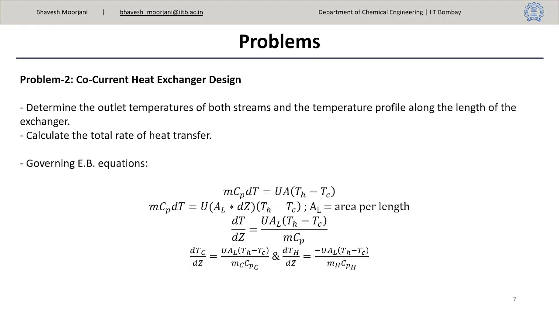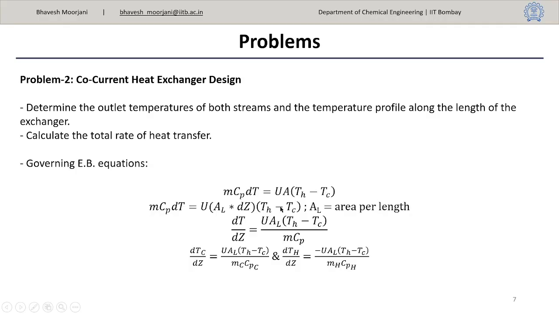Now, what we have been asked is to determine the outlet temperature of both streams and the temperature profile along the length of the exchanger, and to calculate the total rate of heat transfer that will occur. So if you write an energy balance equation between the stream and the heat transfer occurring through the exchanger, you can write it as mCp delta T is equal to UA (TH minus TC).